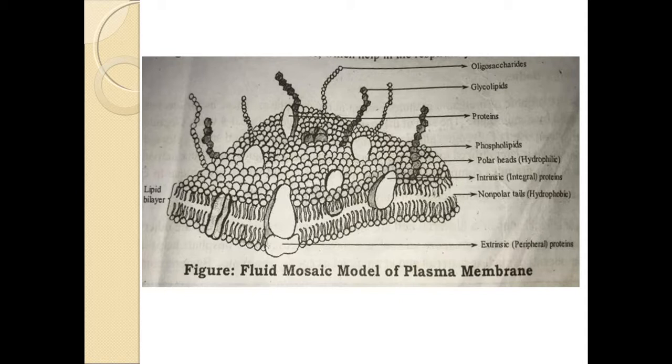The function of this cytoplasmic membrane is that it is a semi-permeable membrane. It acts as a barrier and helps in transportation. The main function here is transportation of molecules by the diffusion process.